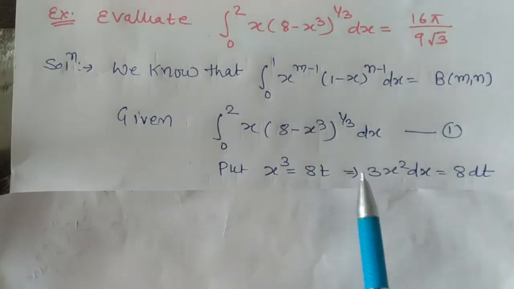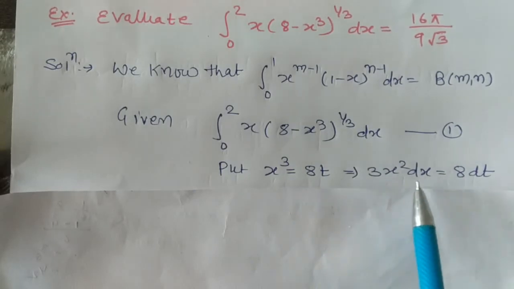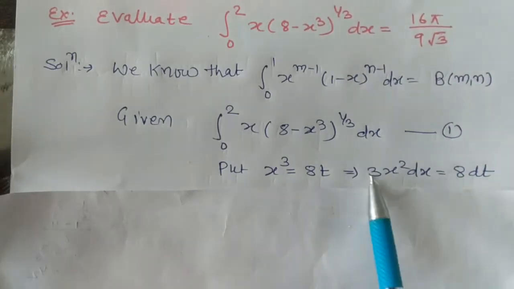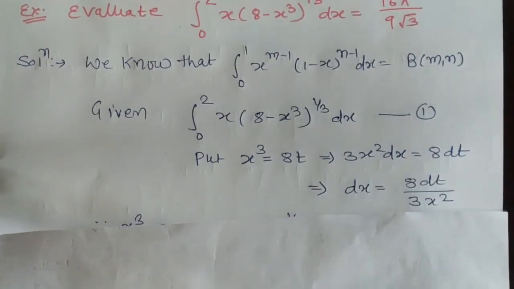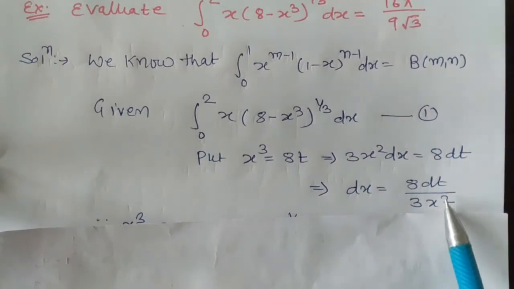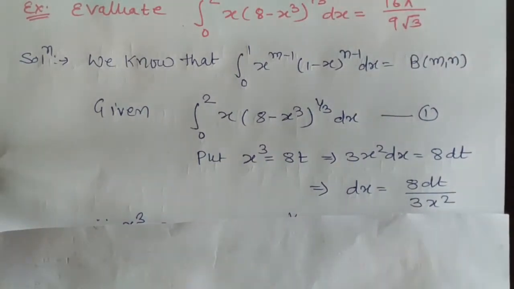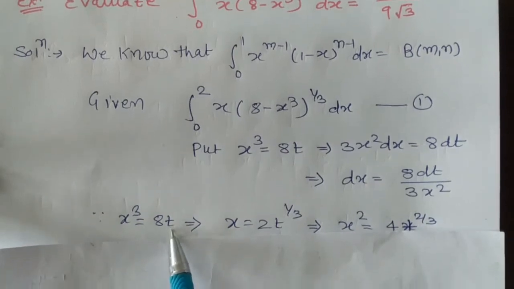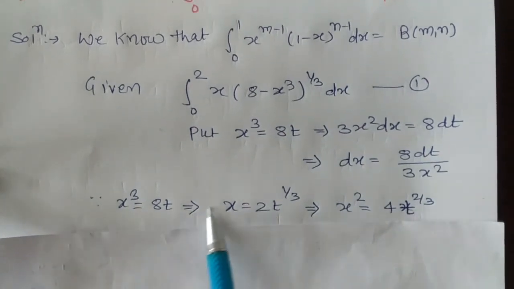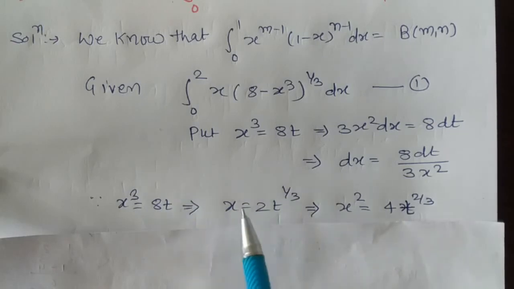Then we have 3x square dx is equal to 8 dt by differentiation, which gives dx equal to 8 dt upon 3x square. Further, x cube equal to 8t implies x equal to the cube root of this, which is 2 into t power 1/3.